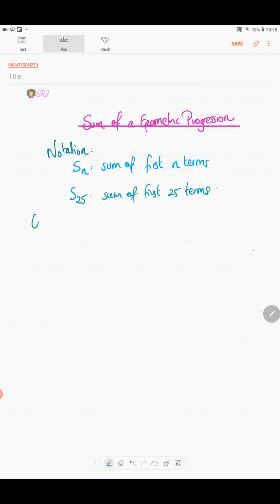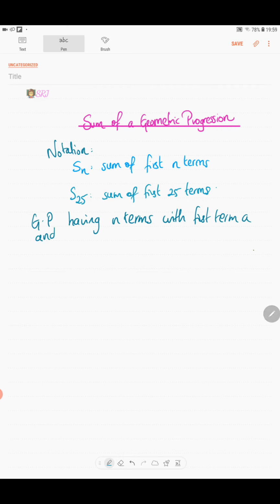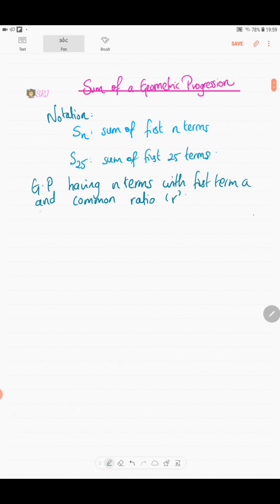Let's now consider a geometric progression having n terms with first term A and common ratio R. If we are considering the sum of the first n terms, it will be as follows: A plus AR plus AR square up to the nth term.